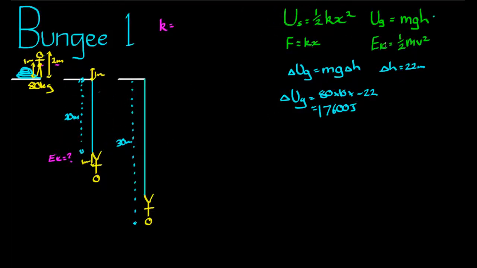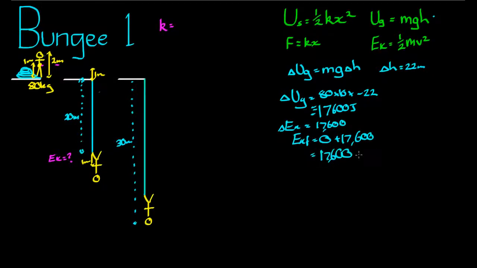So all the gravitational potential that's been lost, which is equal to negative 17,600, is going to equal the change in kinetic energy. And since we're assuming the person didn't start off with any kinetic energy, they've just sort of toppled themselves over, we can say that the final kinetic energy at this point here is equal to the initial 0 plus 17,600.